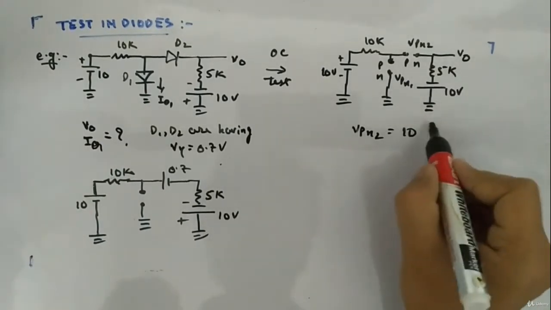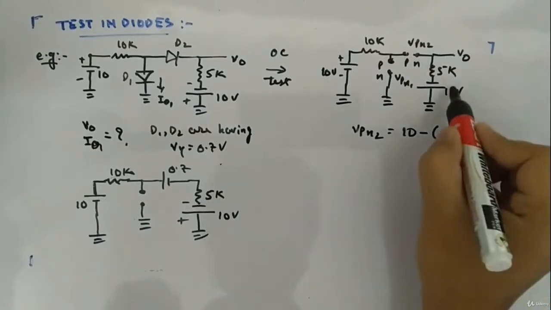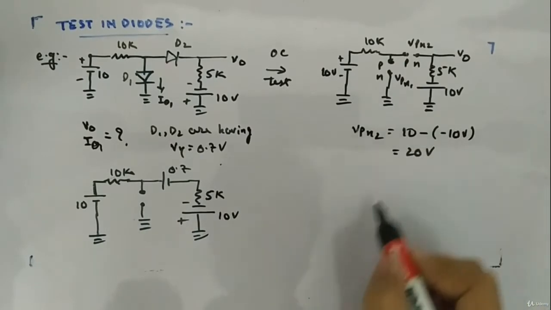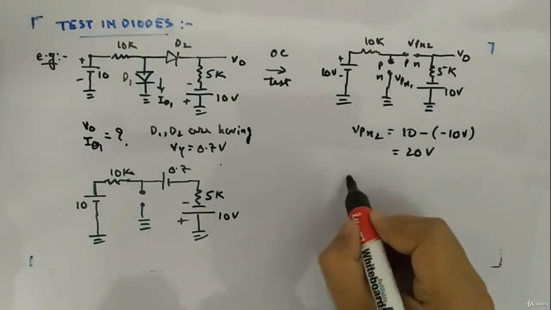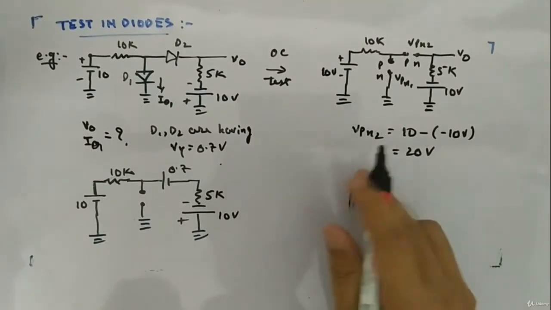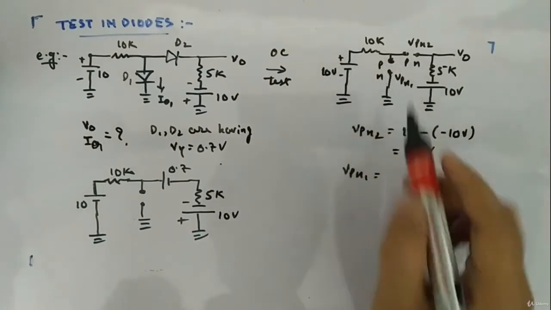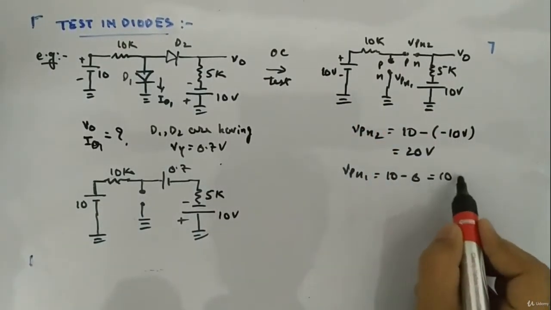That's why I am not including it. So this is minus 10 volt, this plus 10 volt, which gives 20 volts. Now if you look at Vpn1, this is connected to 10 and this is connected to 0, so it will be 10 volts.